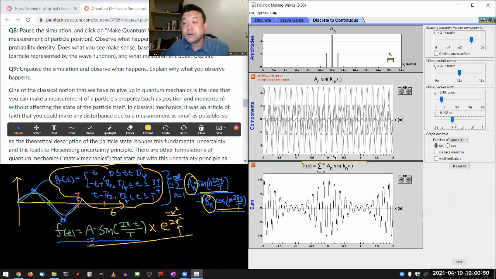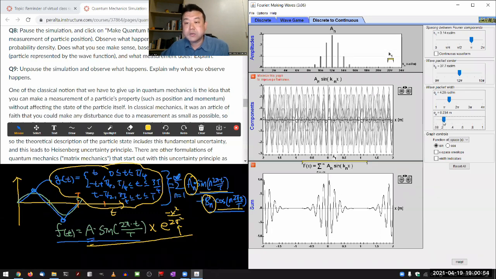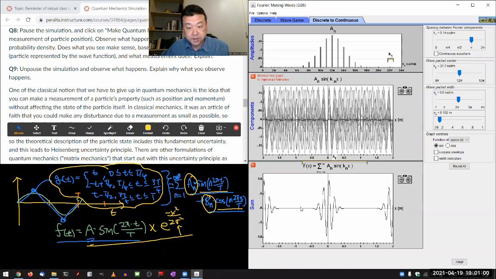So there's more, and as I localize it more and more, in order to represent a wave packet that is highly localized within some region like this, it involves many different components of sinusoidal function. And what this graph is showing is all those components individually. So at some point it looks super busy. This is showing the sum of all of them so that you can tell what the actual wave will look like.